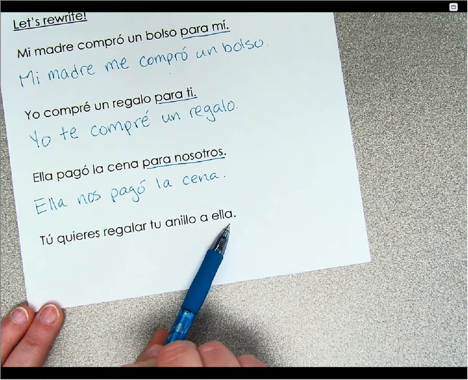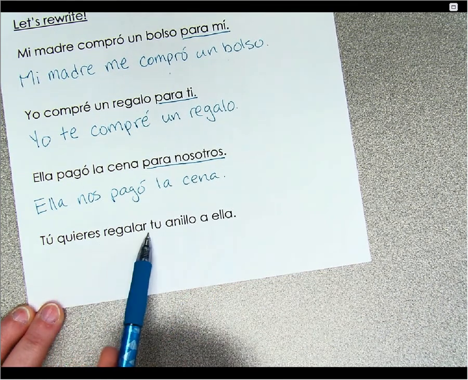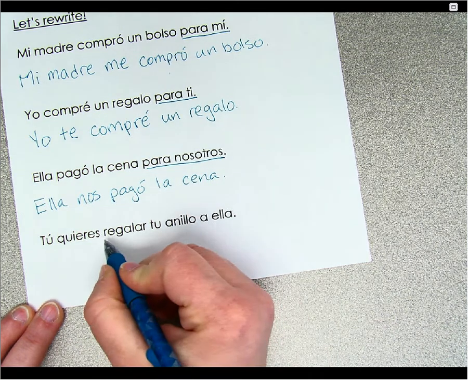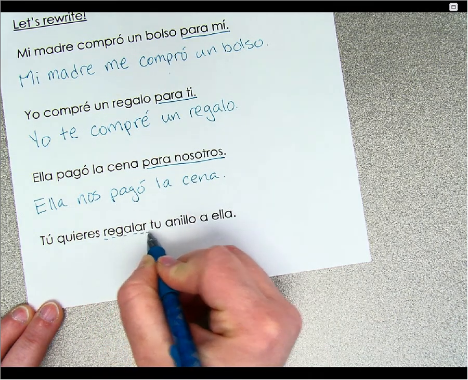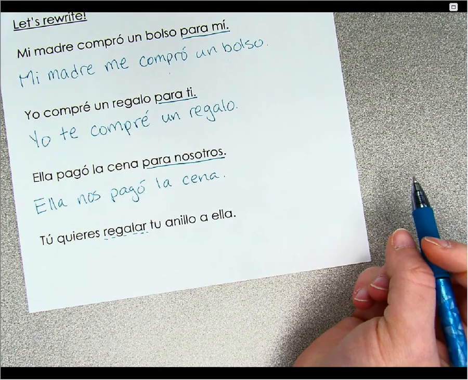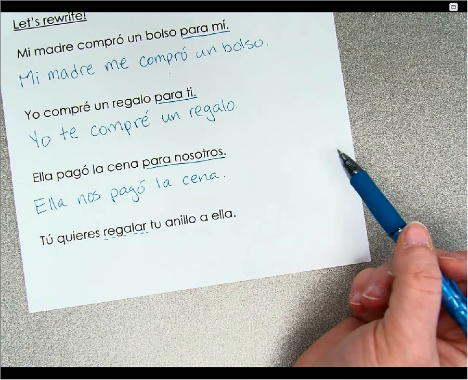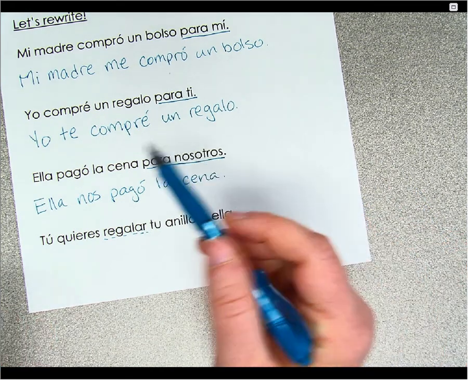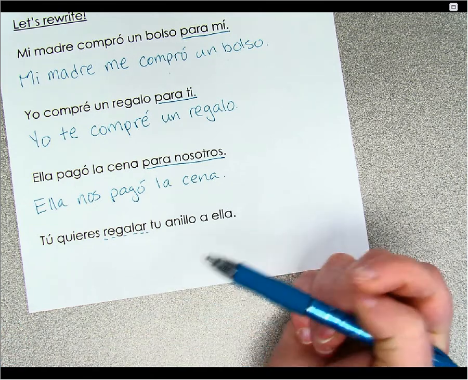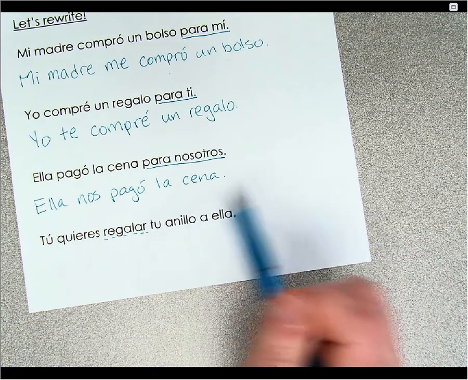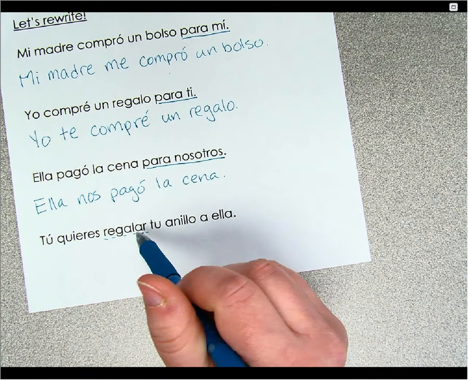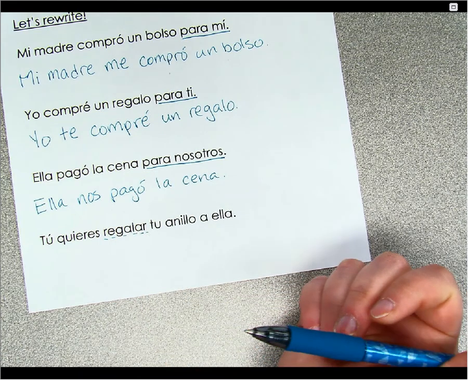Okay, so if you notice, you want to buy. We have an infinitive right here. So first we're gonna rewrite this one way where we're just gonna put the pronoun before the conjugated verb, but we're also gonna do another example where we attach it to the infinitive, just so you can see that.